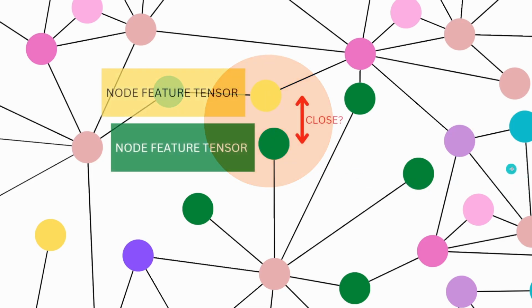So what we do? We have attached to the yellow node, of course, a node feature tensor. Imagine this yellow node is a book. It represents a book, and the node feature tensor encodes the semantic content of all the 400 pages of this book in a huge node feature tensor.